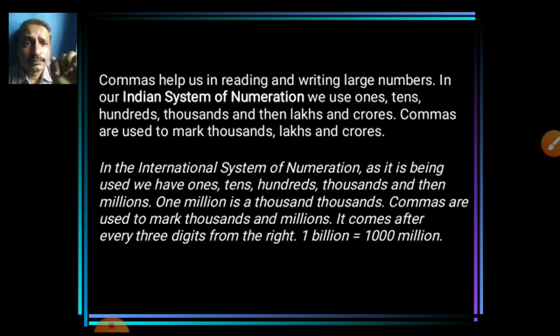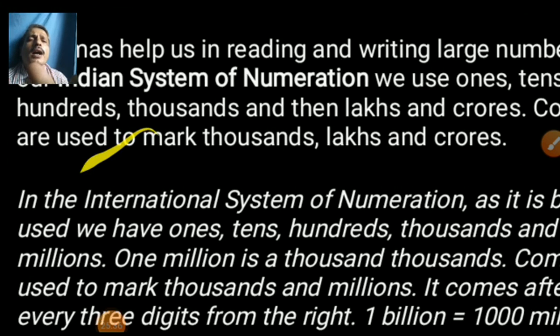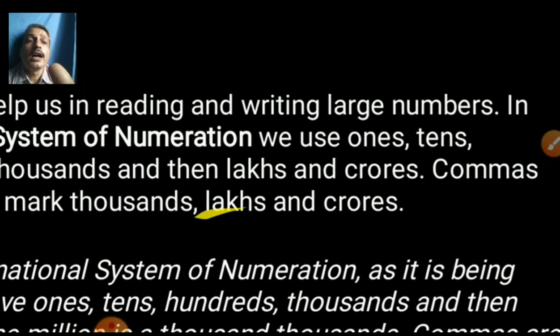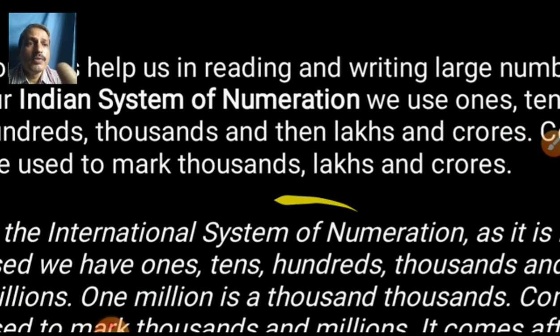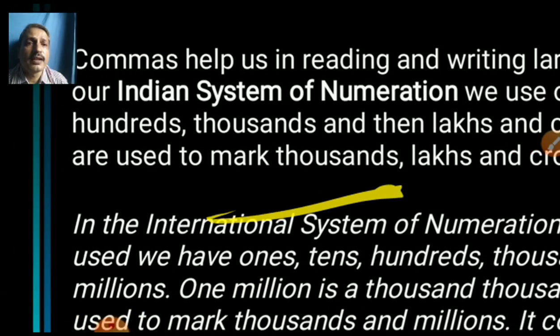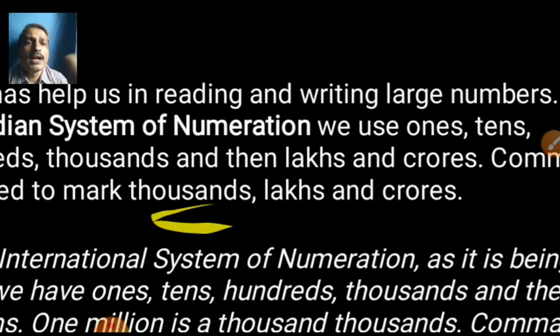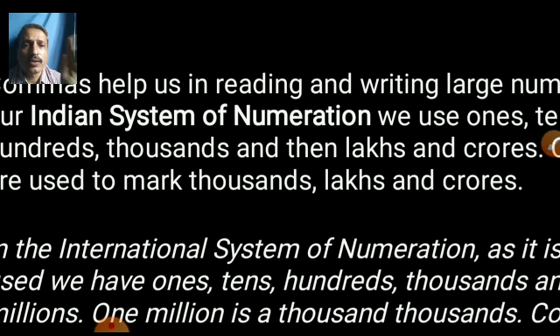So, commas. There are two ways to place the comma, students. Yes, commas help us in reading and writing large numbers. In our Indian system of numeration, we use ones, tens, hundreds, thousands, and then lakhs and crores. Commas are used to mark thousands, lakhs, and crores.